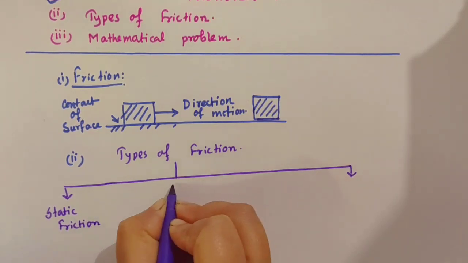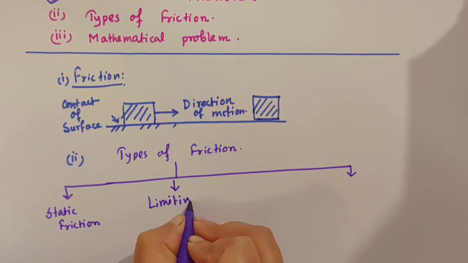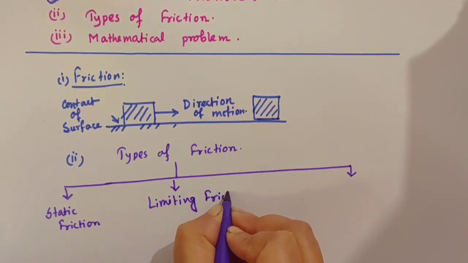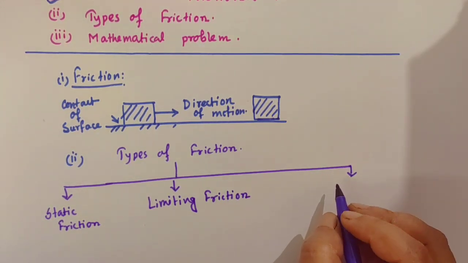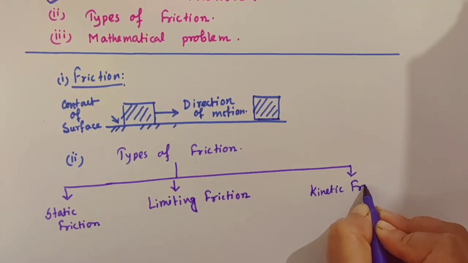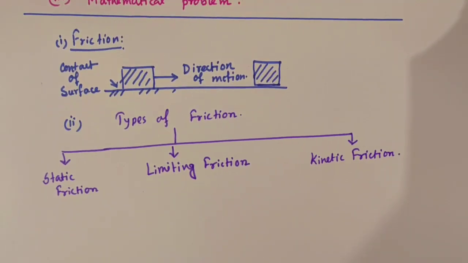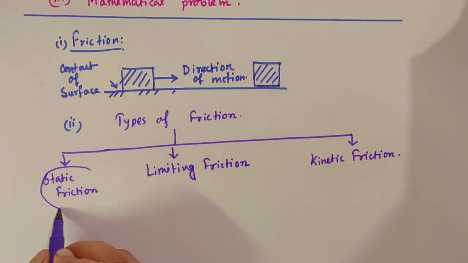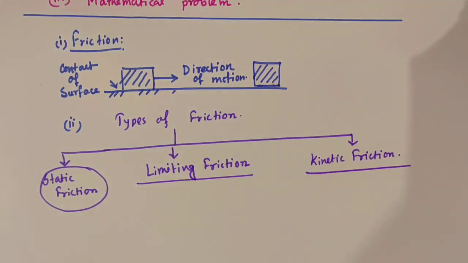Number two is limiting friction. Number three is kinetic friction. There are three types of friction: static friction, limiting friction, and kinetic friction. Now we have to know separately all the frictions.